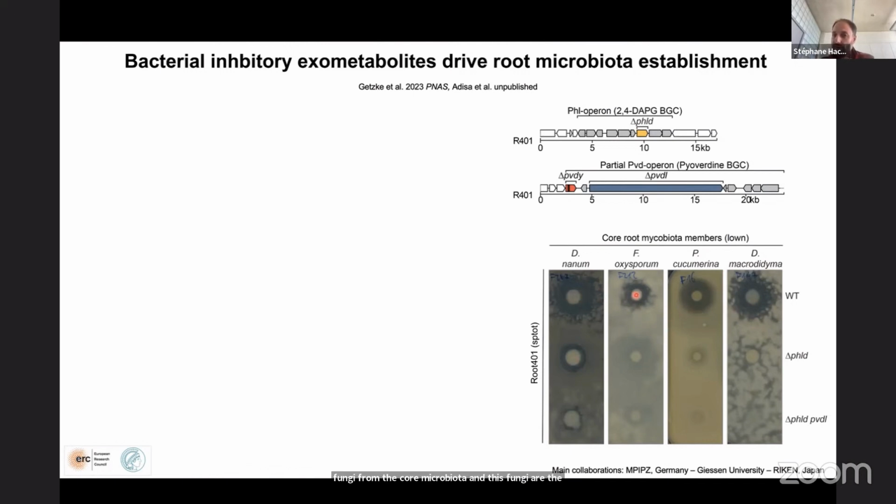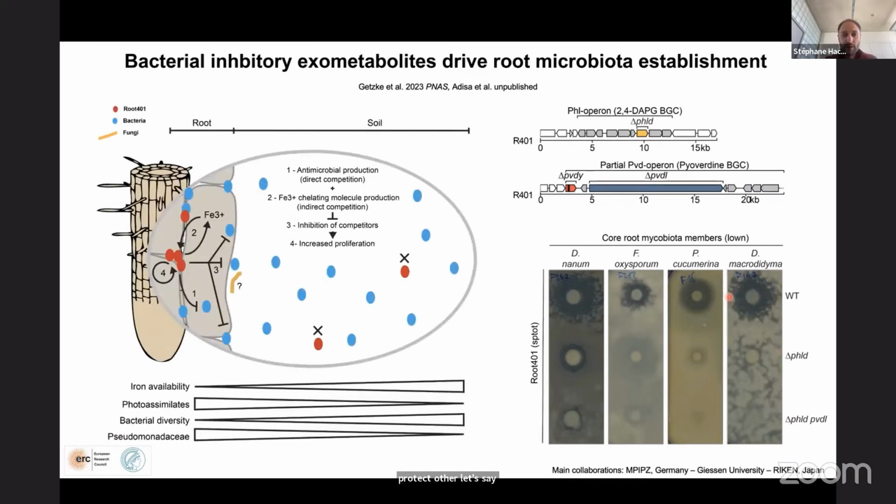And you can see that root41 is also able to inhibit these fungi. And this inhibitory activity fully depends again on DAPG and pyoverdin, really suggesting that those are exactly the same genetic determinants that inhibit fungal growth and bacterial growth in this system.